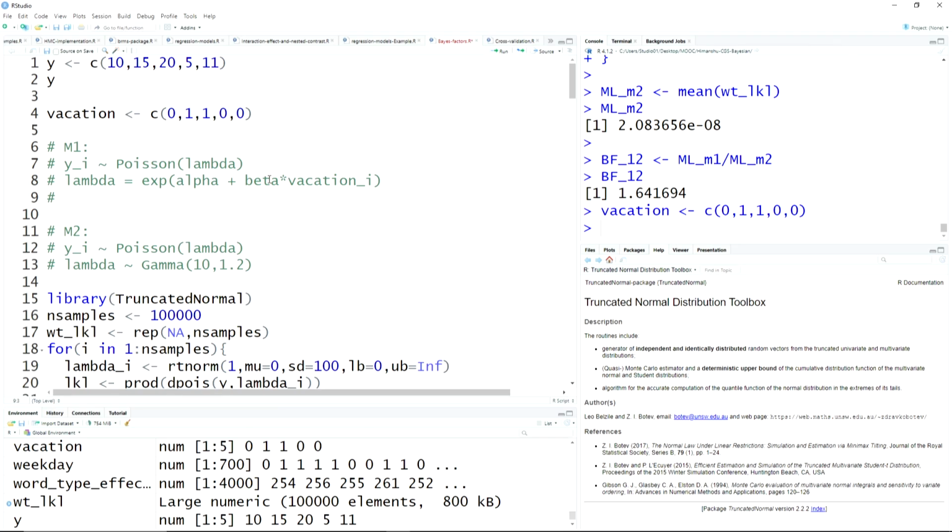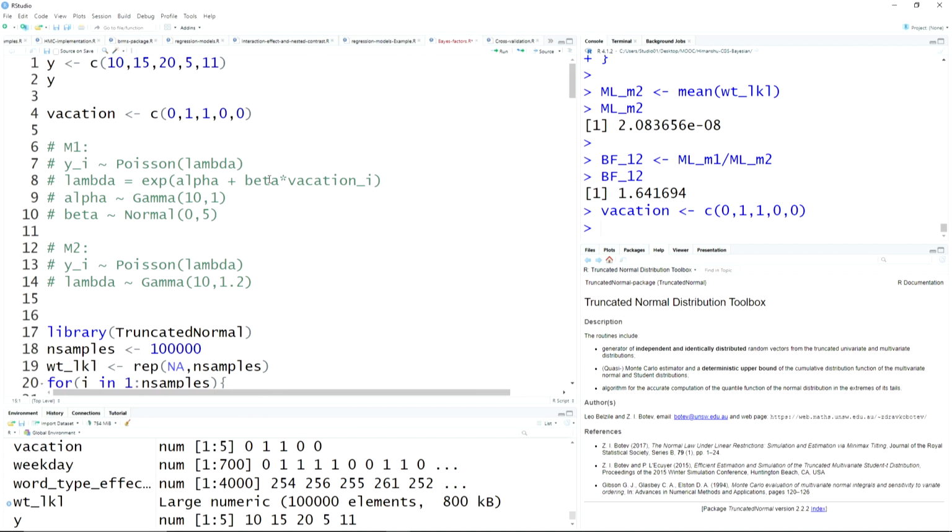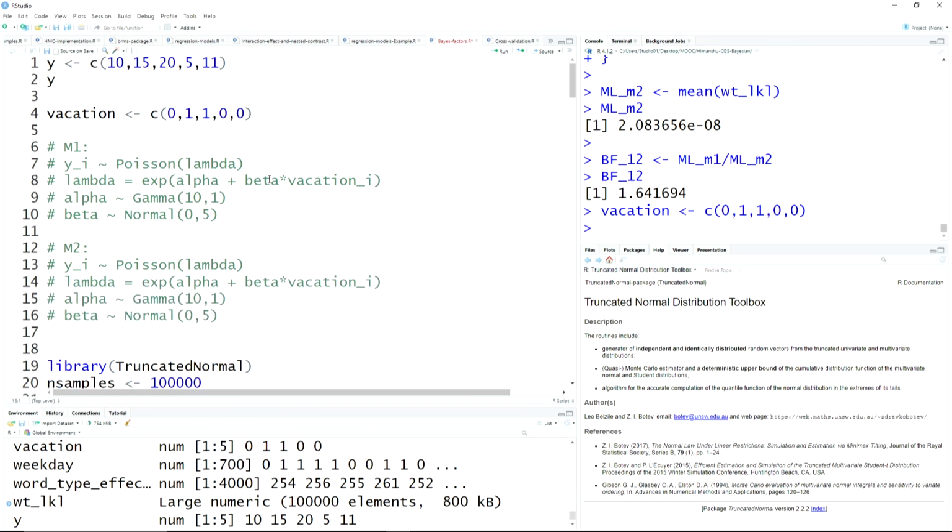Now the parameters have changed, you have two parameters alpha and beta. Let us say alpha has a gamma(10, 1) prior and beta has a normal(0, 5) prior. And model 2 has the same structure, lambda depends on alpha plus beta times vacation, and the prior on alpha is also the same, but beta is assumed to be exactly 0.